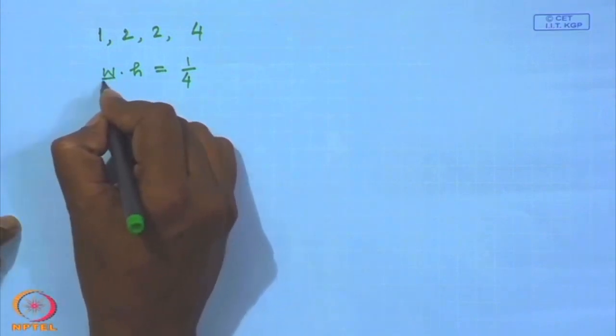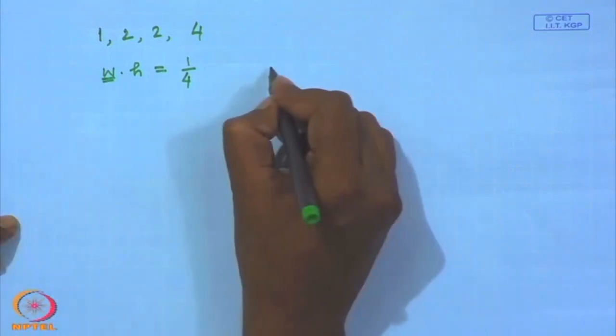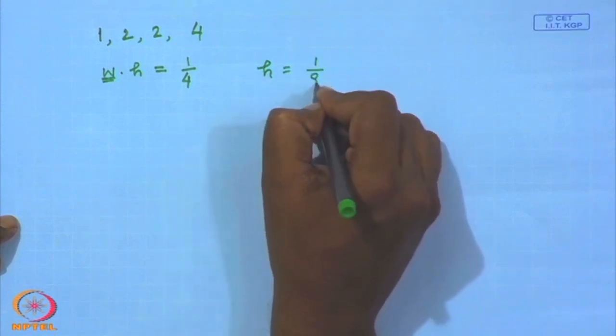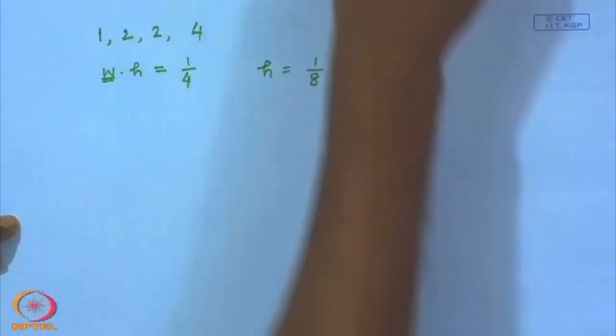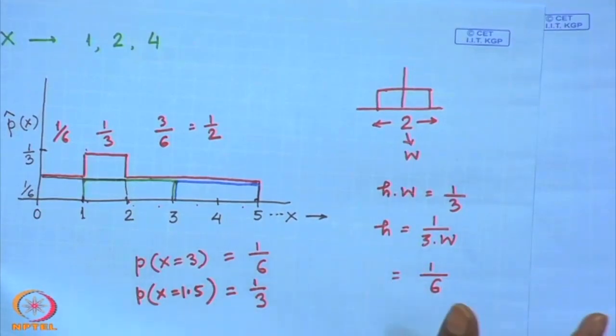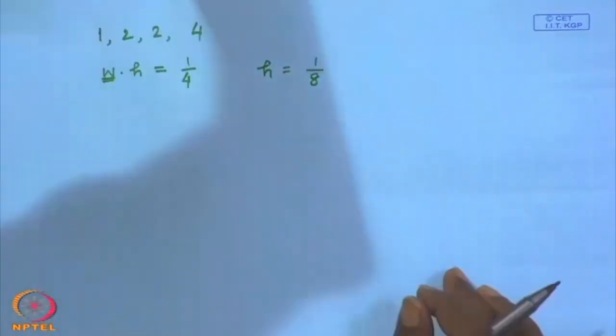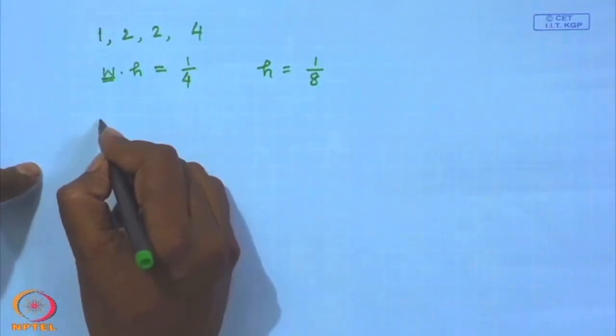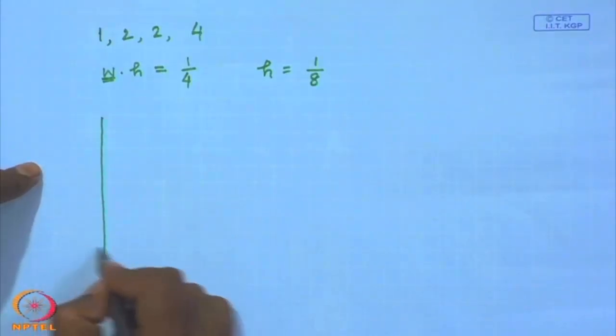Now, this width is 2. So, height of every window will be 1 upon 8 instead of 1 upon 6, which we had when we had only 3 samples. Now, we have 4 samples, though there are 2 samples at x equal to 2. So, when I have this, let us try to estimate the probability density.